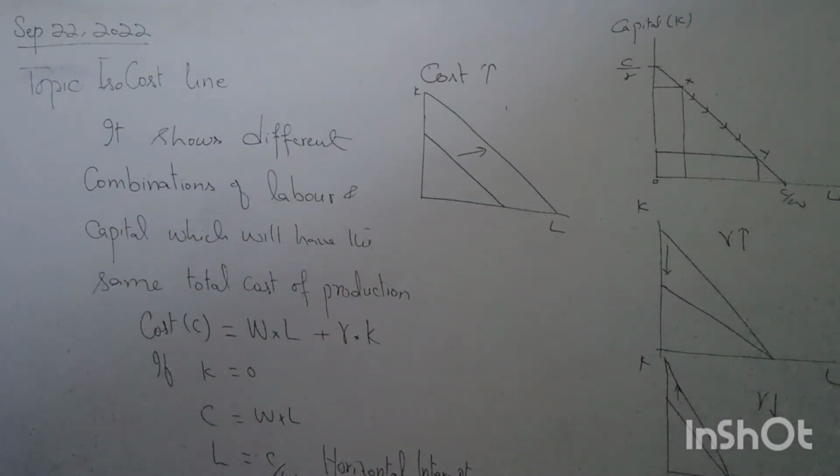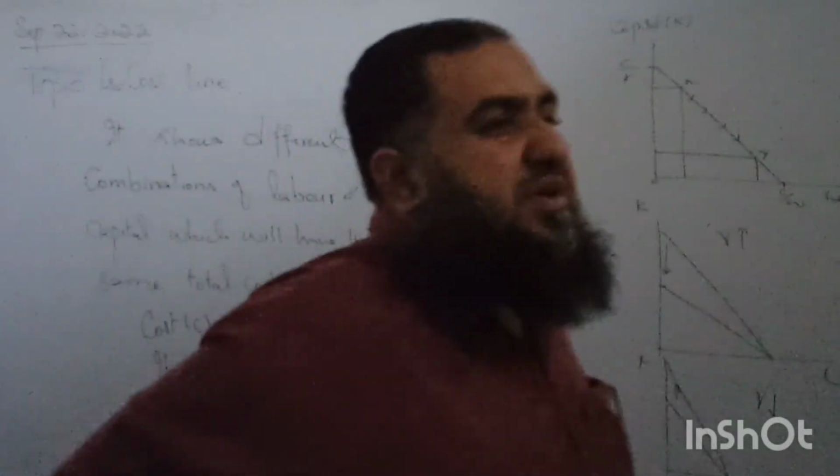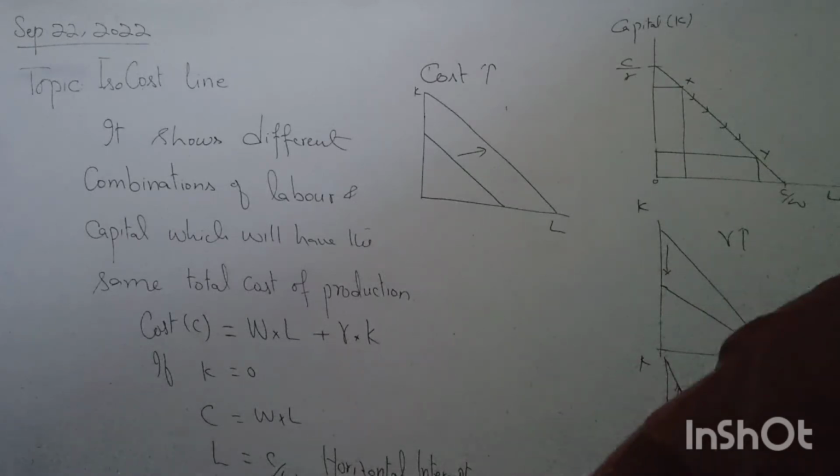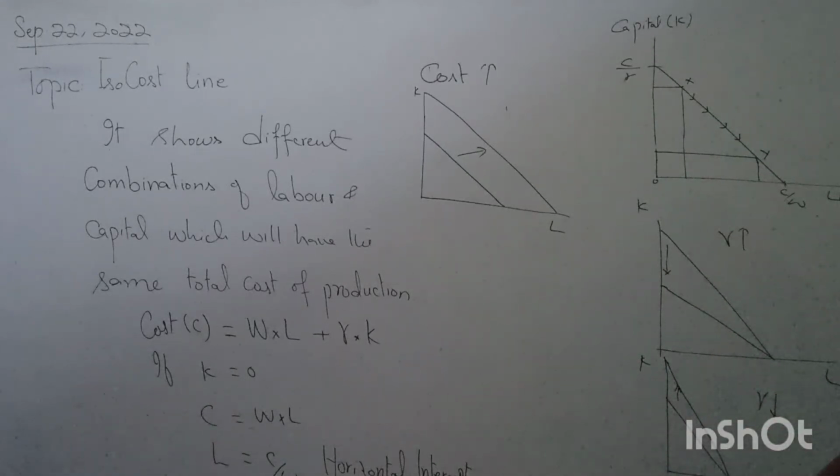Alright? But this is about the cost line. So does it tell us which number of workers and capital units will be employed by the producer in order to minimize his per unit cost of production? Because his aim is to reduce the per unit cost of production.